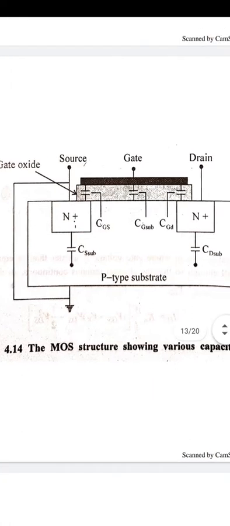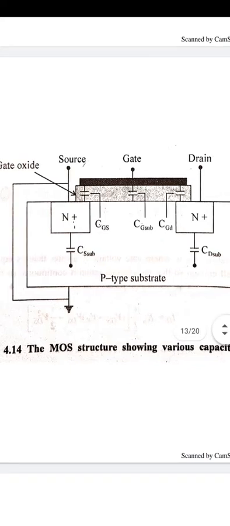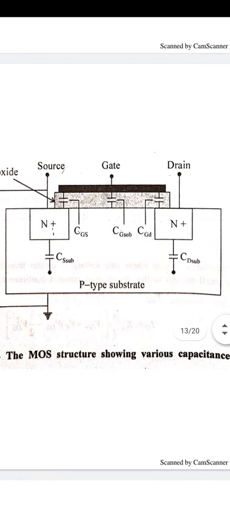I will show here the gate to source capacitance, which exists between the gate and the region towards the source, some part of which exists in the channel. So capacitance exists between the gate and source region, the gate to source capacitance, and some part from gate to drain region, called the gate to drain capacitance.